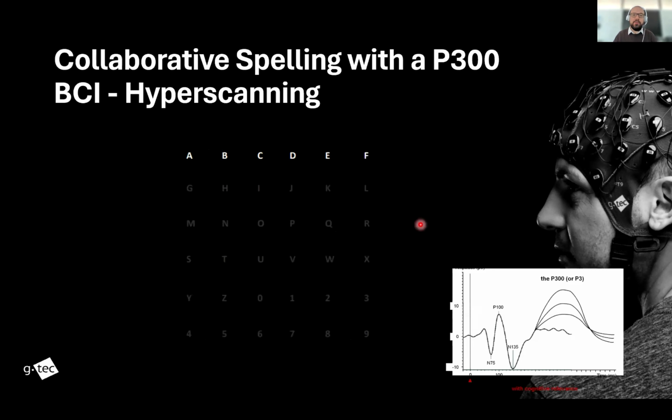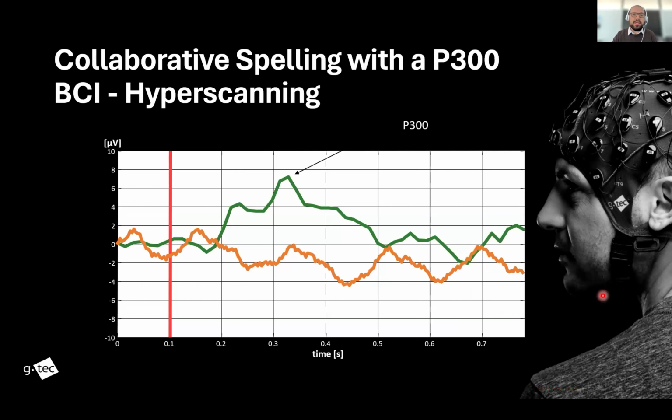So this is how the Intendix would work. You have a speller, which has rows and columns popping up, and people can concentrate on a particular character that they want to select, and the system will be able to detect it by making an average of all the triggers. So you can see there is the target and the non-target.